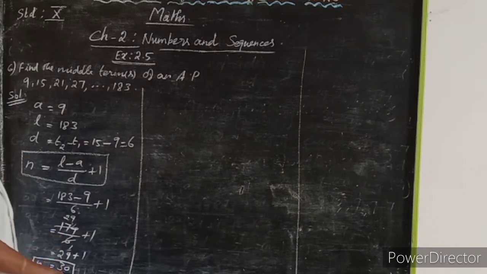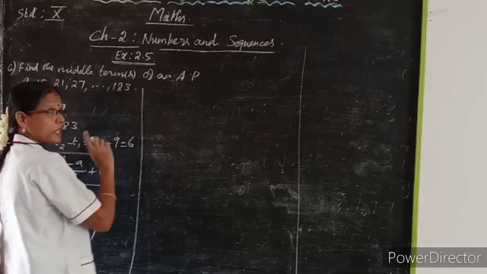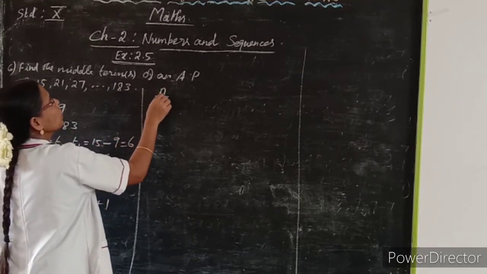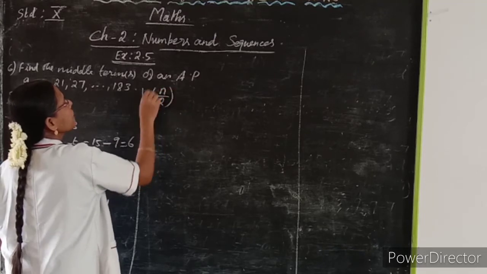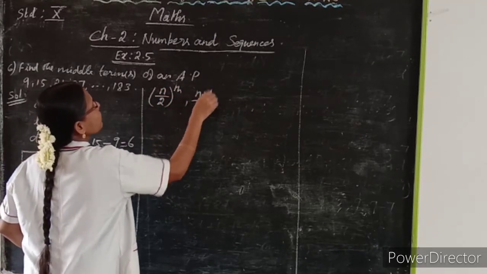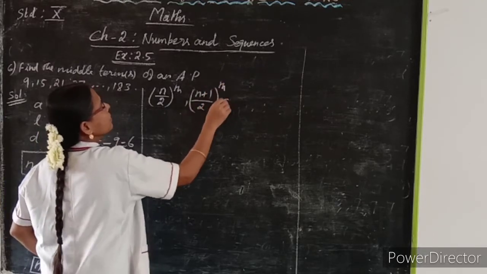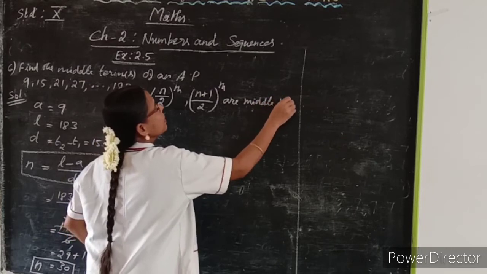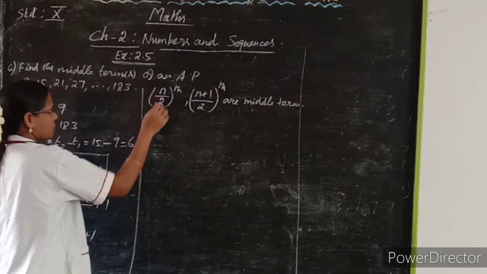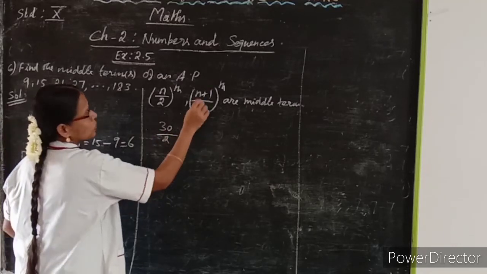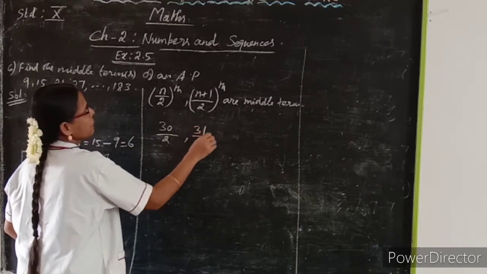Therefore two middle numbers are there. So the n by 2 th term and the (n plus 1) by 2 th term are the middle terms. N by 2 means 30 by 2, and 30 plus 1, 31 by 2.